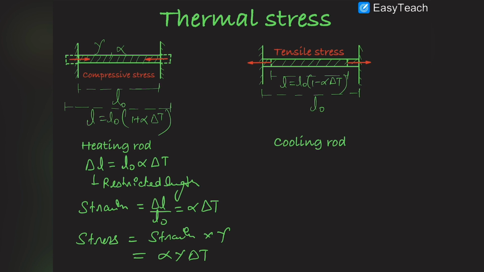So this stress applied by the wall is called tensile stress, and obviously due to the pulling force of the wall, this rod is restricted from contracting, and the restricted length is the length that it would have contracted if these walls were not present. So that restricted length would again be delta L = L0 alpha delta T.